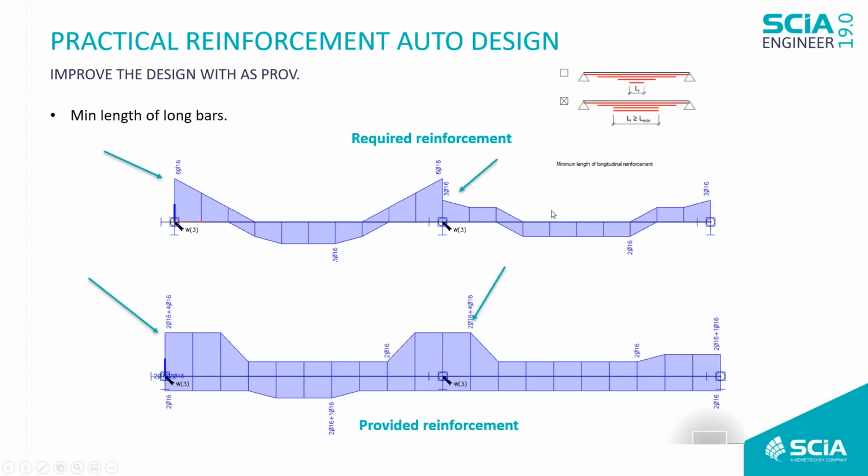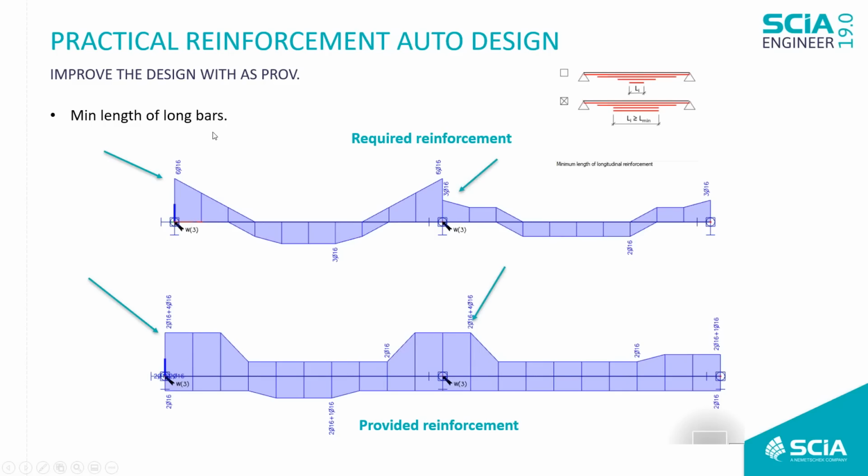Next question is, when we see AS required is 6 diameter 16, the question coming to my mind is up to where I will extend those bars. Because here the reinforcement is calculated in this specific section. In the next section, it is another value. But in reality, I need to make some decision. I need to make it something practical.